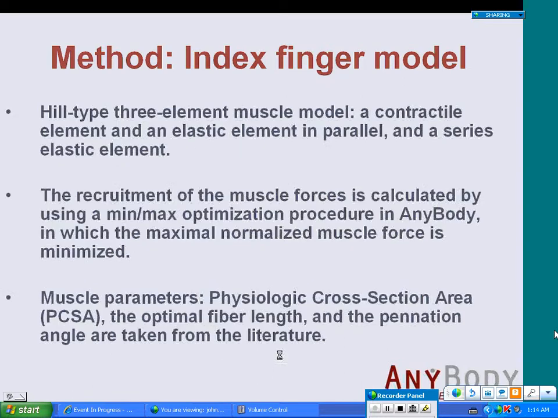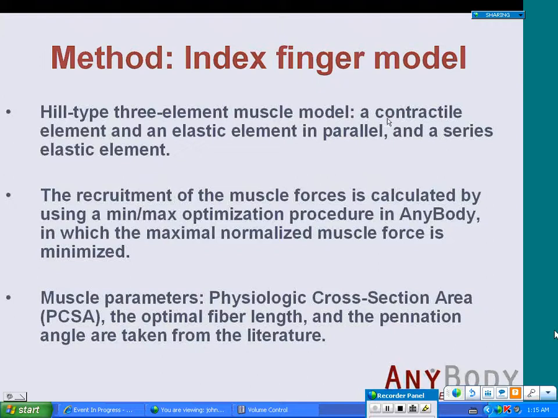We include all the muscles. The 7 muscles are considered as Hill-type 3-element muscles, which consist of 1 contractile active element and an elastic element parallel to that contractile element.